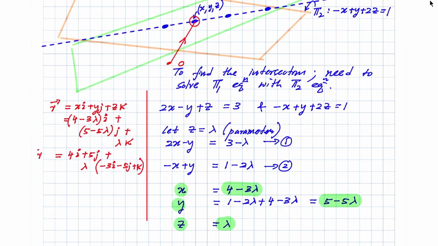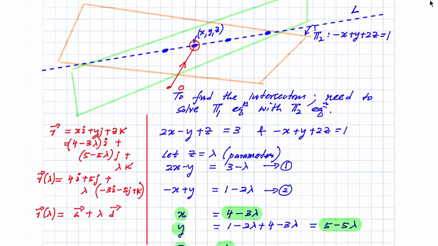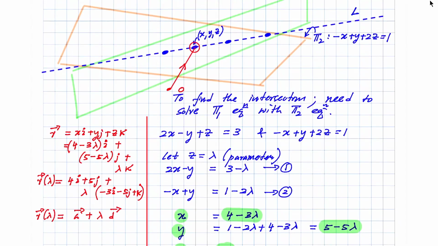This is my r of lambda now. Now look at the beauty. This has the form a plus lambda d, which is the equation of a line.